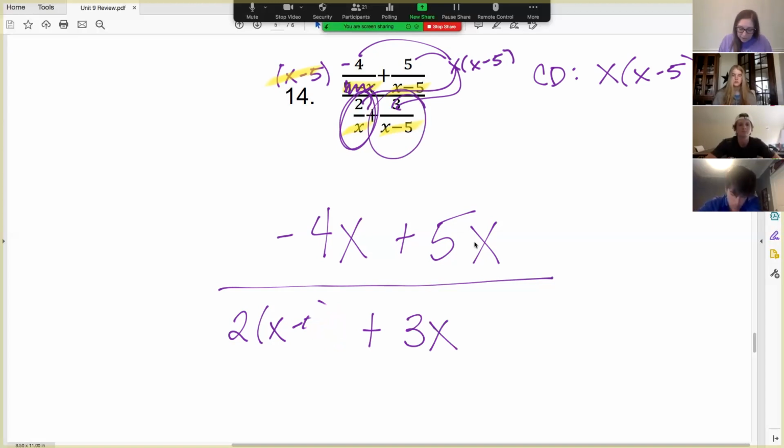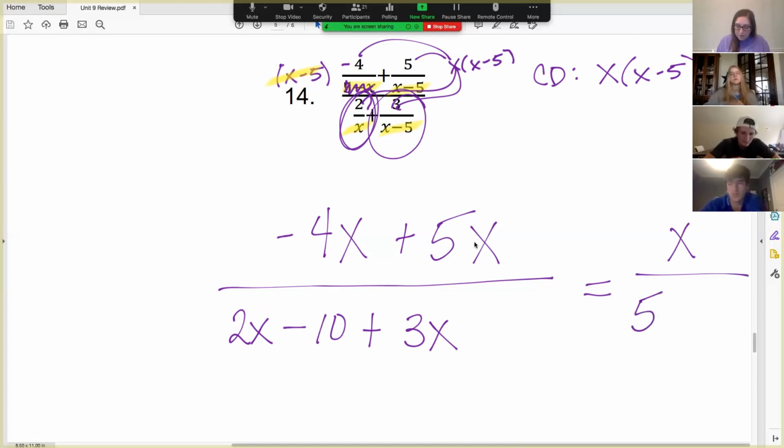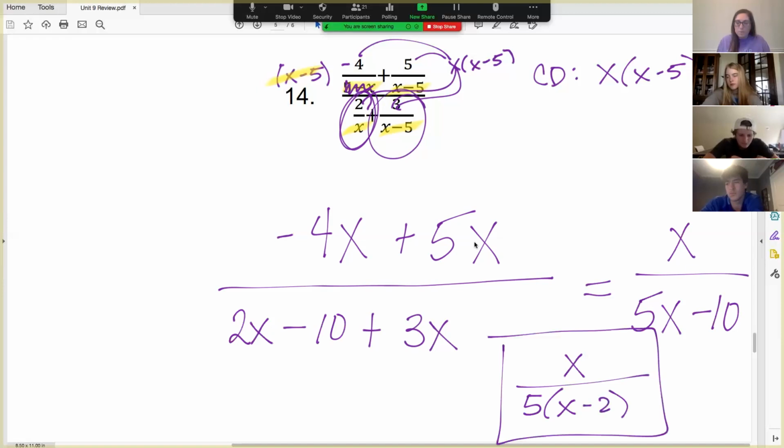Now I could go ahead and change this to be 2x minus 10, just so that now it's easier to simplify. The top, the negative 4x plus 5x just combined to be x. And then on the bottom, 5x minus 10, which I can then continue to simplify by pulling out the 5. And then I would be done.